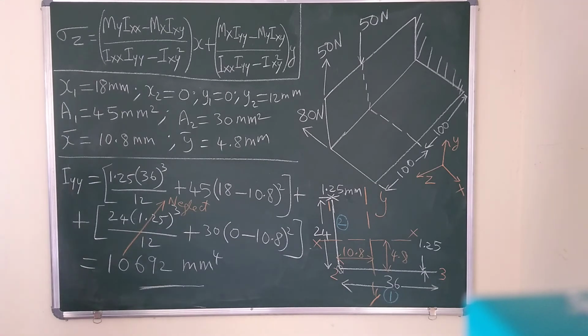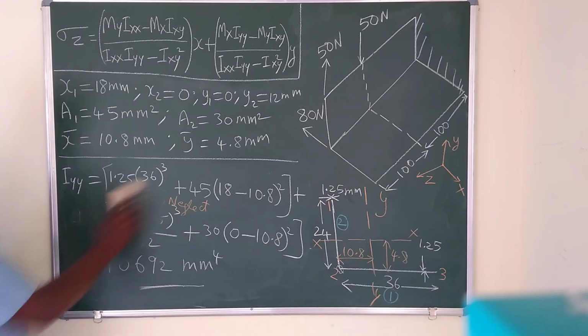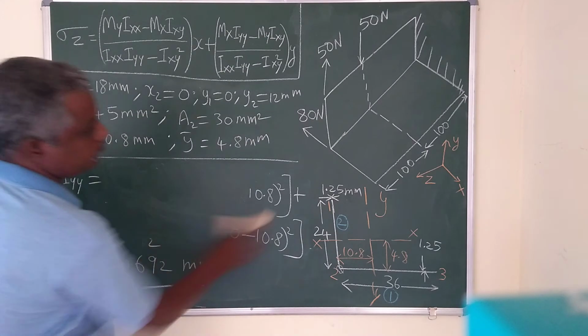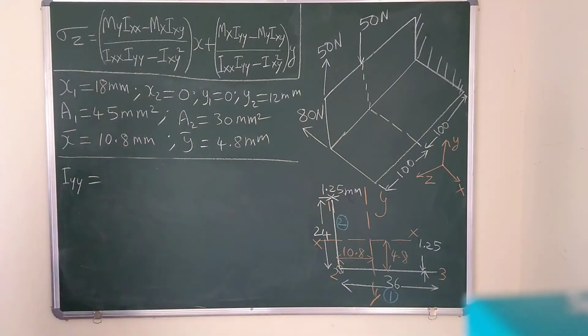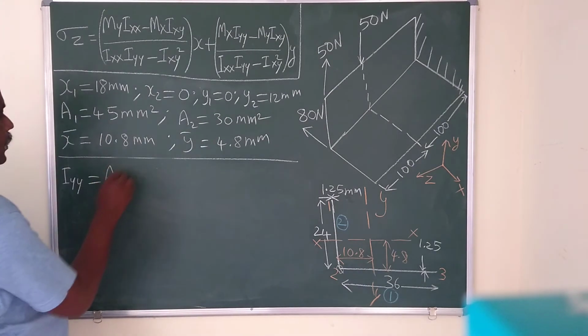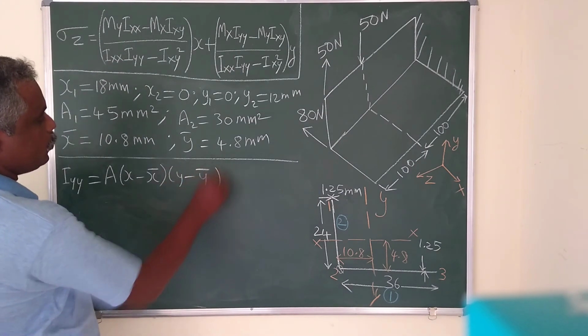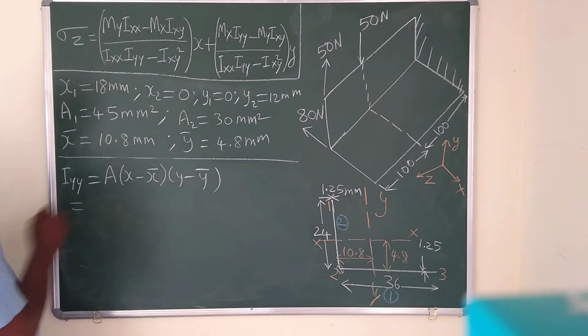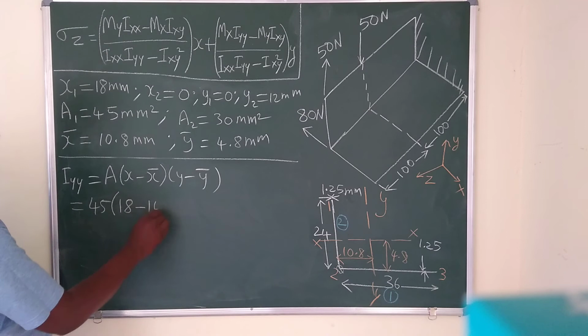Now Ixy, the product moment of inertia, how to find Ixy? The product moment of inertia Ixy is nothing but area into x minus x bar into y minus y bar. So area A1 for the section 1 is 45, x1 minus x bar, 18 minus 10.8.